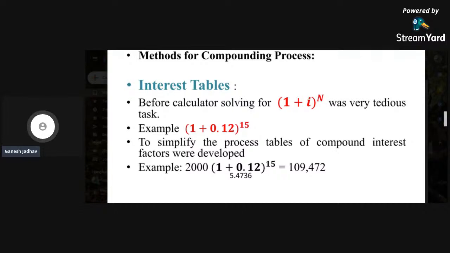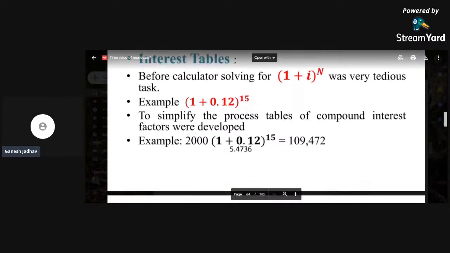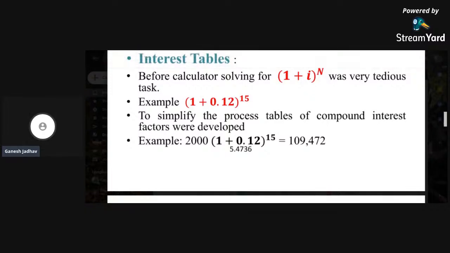So to simplify the process, a table of compound interest factors was developed, and you can find the future amount. How? This is the P, 2000. So 1 plus 0.12, that is the interest, raised to n, that is 15.